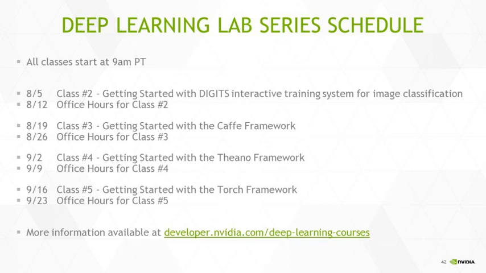Another question is, is DIGITS for image recognition only? And right now it is. However, the whole point of even having DIGITS is we use it internally at NVIDIA for some of our efforts, and we open sourced it and provided it to the community because we thought it would be useful to other people too.